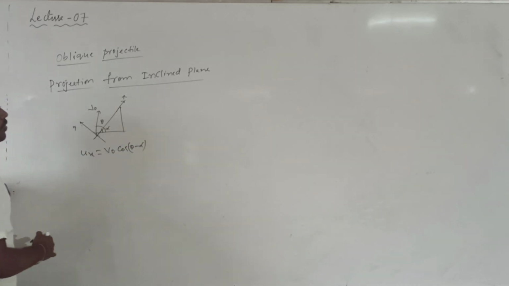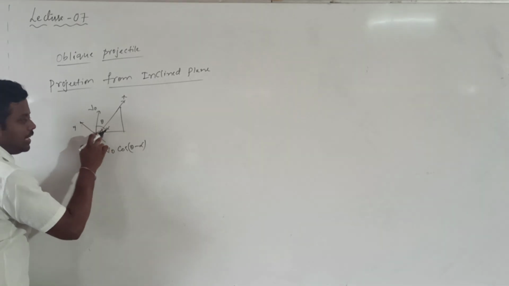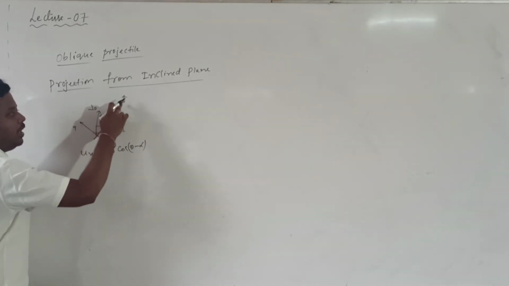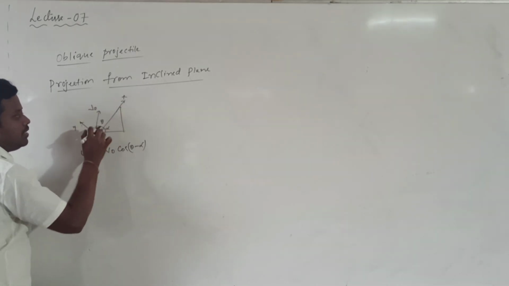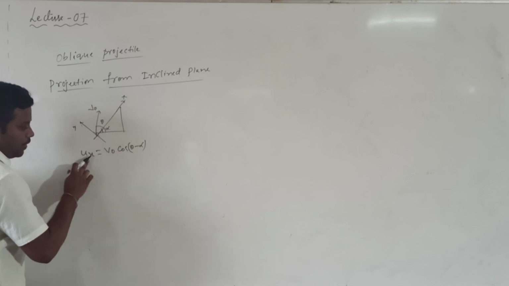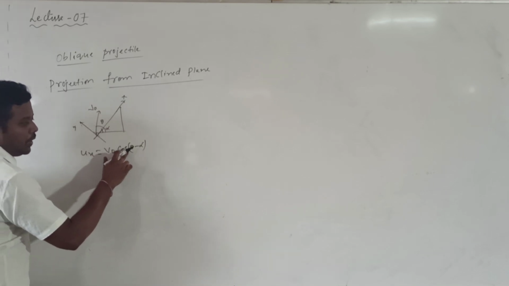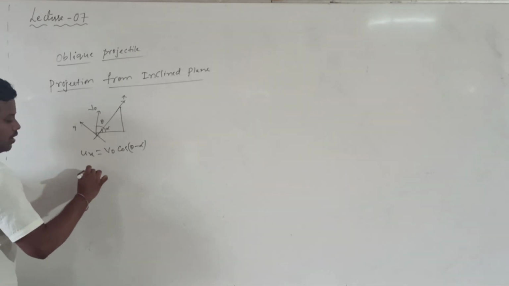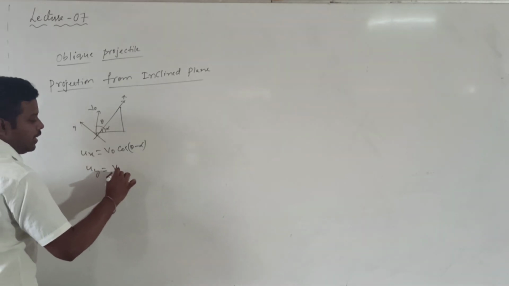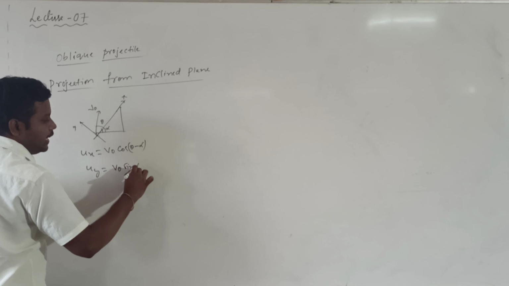Why theta minus alpha? The total angle is theta, and this angle is alpha. I want to calculate the velocity along the x-axis, so this angle will be theta minus alpha. So ux is equal to v0 into cos(theta minus alpha). The component along the y-axis is given by v0 into sin(theta minus alpha).